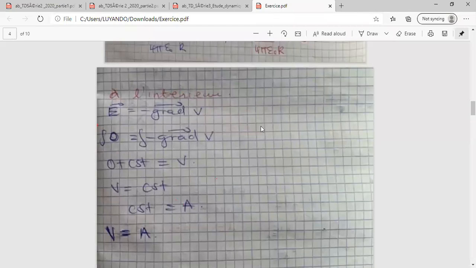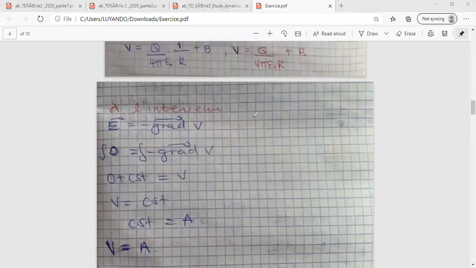Remember, if I have an expression 1 over x and I'm told to find the gradient, I derive the expression. Here, E is equal to negative grad of V, and my E is equal to 0, so 0 is equal to negative grad of V. To find V, I integrate the whole expression.